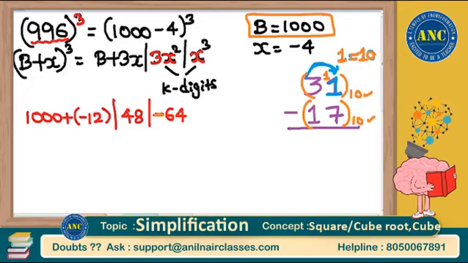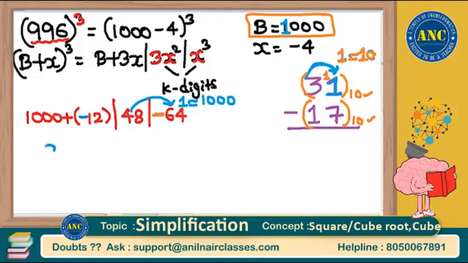I want to make this negative person a positive person by giving some extra money to him. What I will do is, I will borrow 1 rupee from this neighbor. If I borrow 1 rupee, that 1 will be equivalent to how much? That 1 will be equivalent to 1000, because base system is 1000 in this particular question, right?